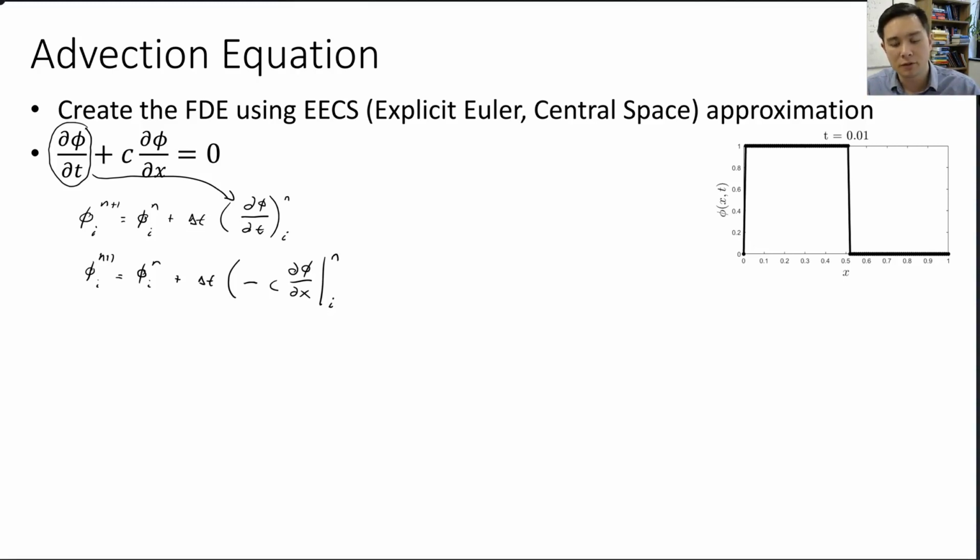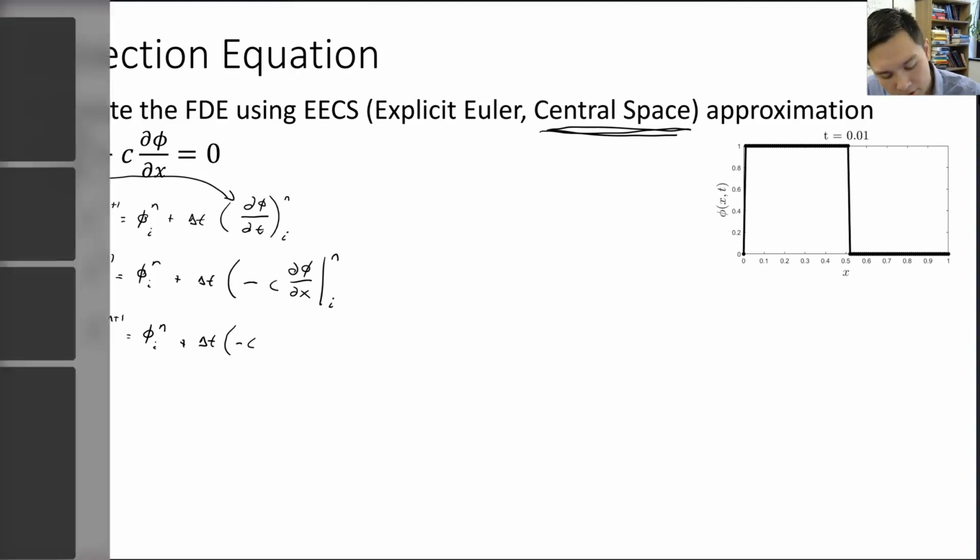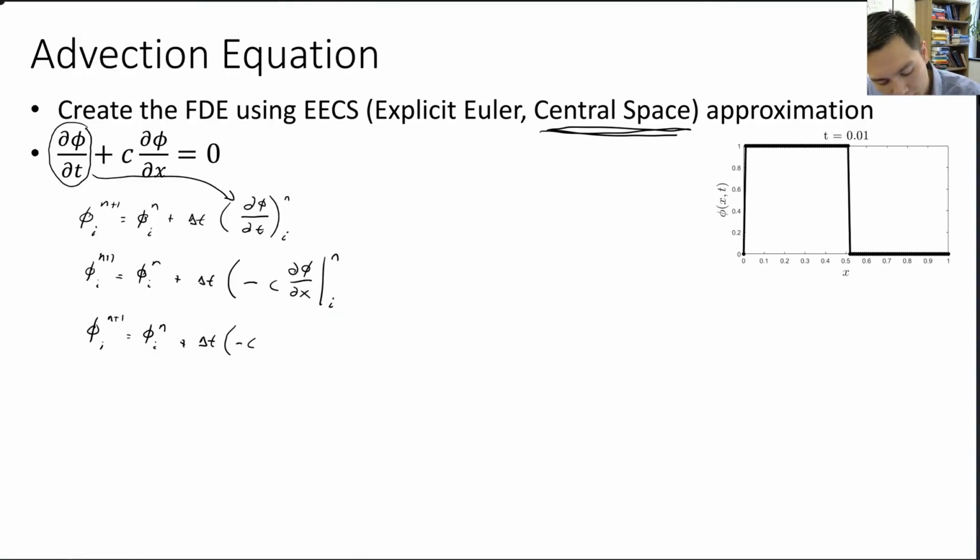So now we've converted our time derivative into a spatial derivative, and we have to discretize that spatial derivative using some finite difference approximation. In this case, we're going to make a centered space approximation. So we again have phi I n plus 1 is equal to phi I n plus delta t times minus c. And now we have our approximation for d phi dx. If it's a centered approximation, this is going to be phi I plus 1 minus phi I minus 1 divided by 2 delta x.